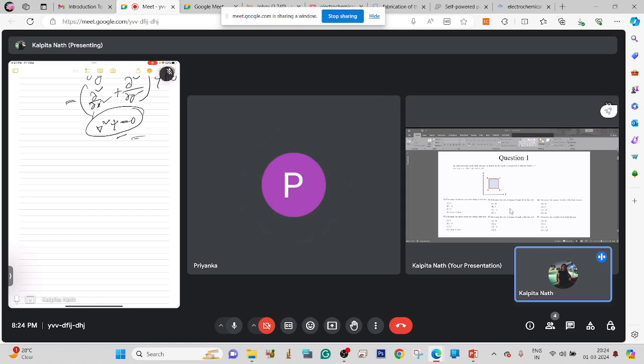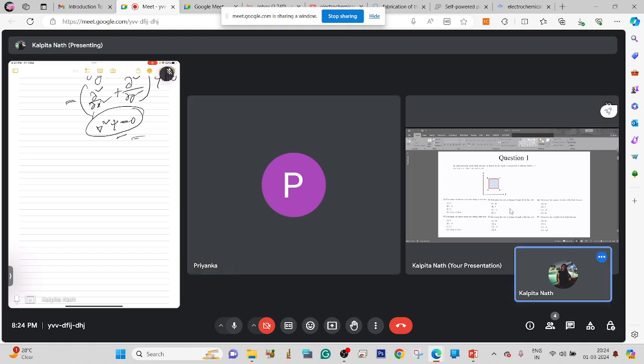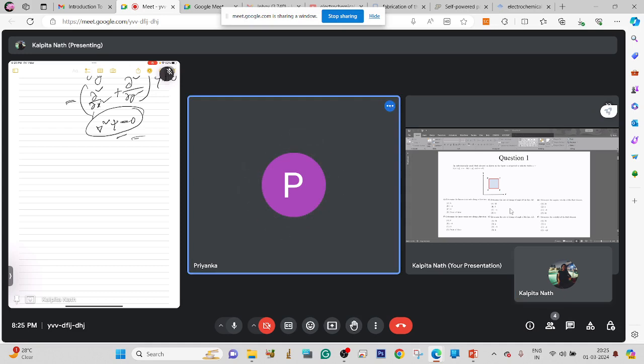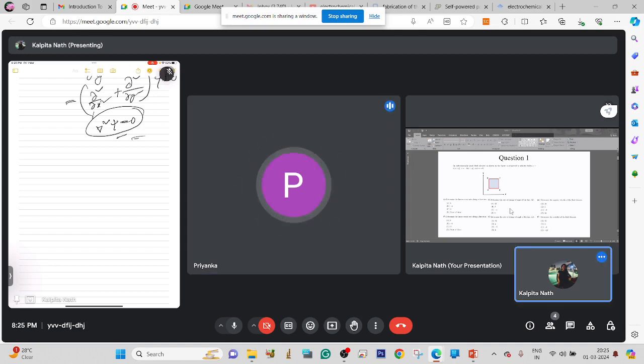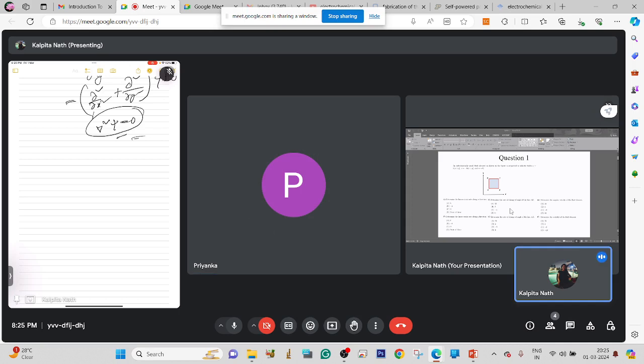For question number C, it is option B. I don't think so. Check once. Sorry, ma'am, option C. For question number D, it is option B. Yeah, correct. And question number E and F. E is option B, and F is option A. E is option B. No.